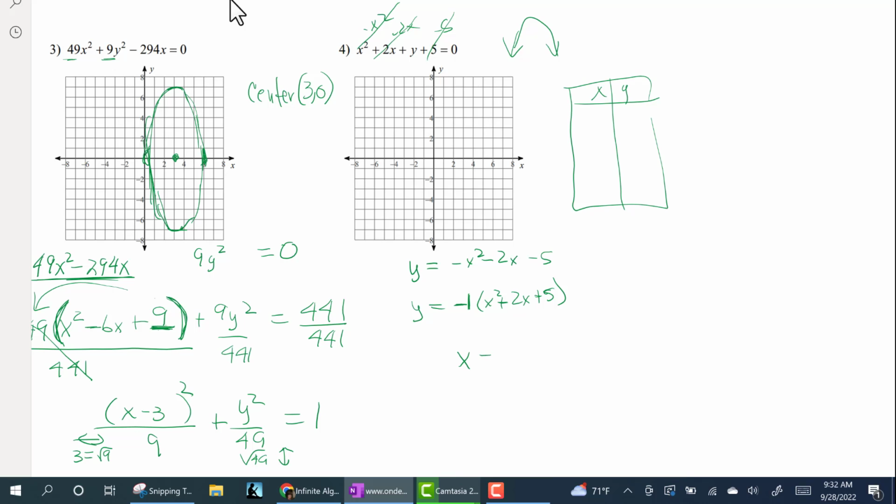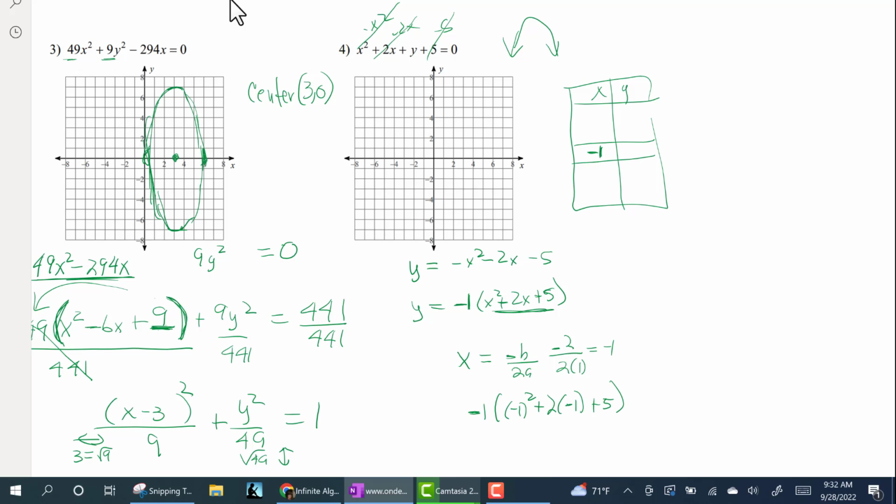So the x value of the vertex is the opposite of b, divided by 2a. So -2 divided by 2 times 1. Well, -2 divided by 2 is -1. Then we take the x value of the vertex and we throw it back up into here. So -1 times -1 squared plus 2 times -1.